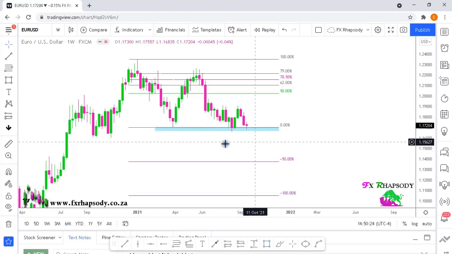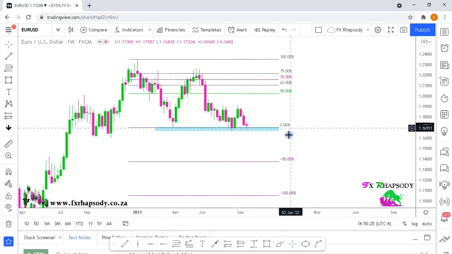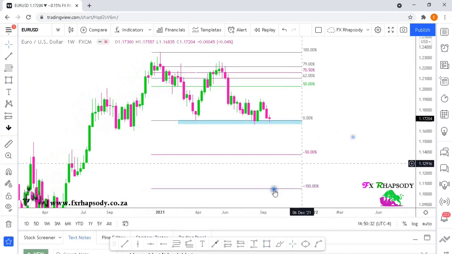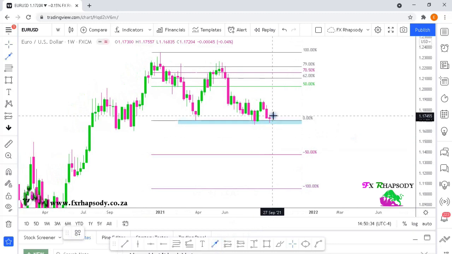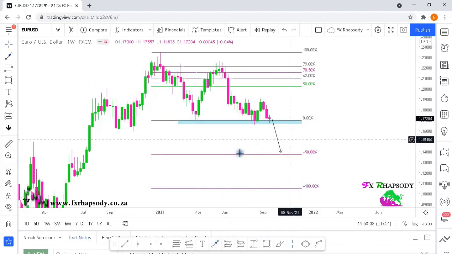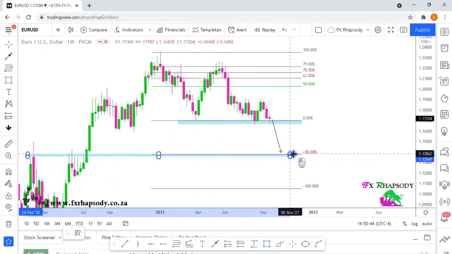So it's basically finding a previous support area on this. So what we want to see is first, price needs to obviously break this area to head down to the minus 50%, which is also falling nicely, as you can see here, on a previous support.